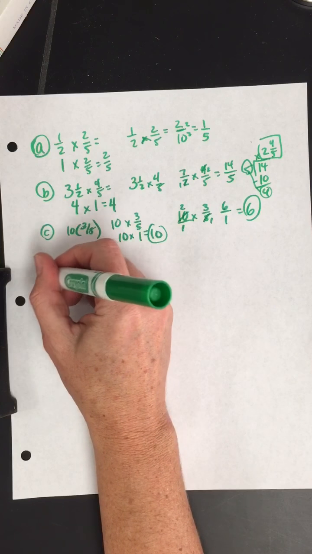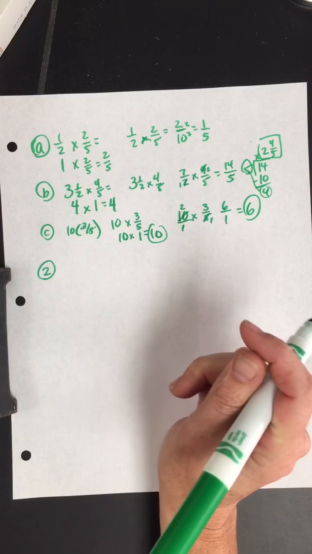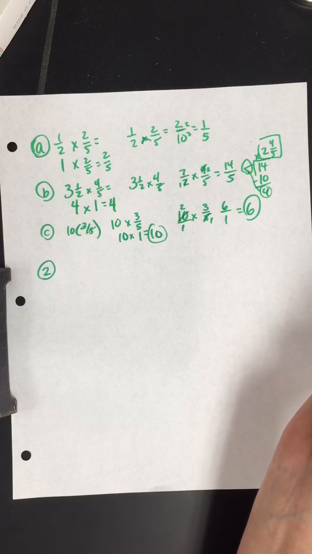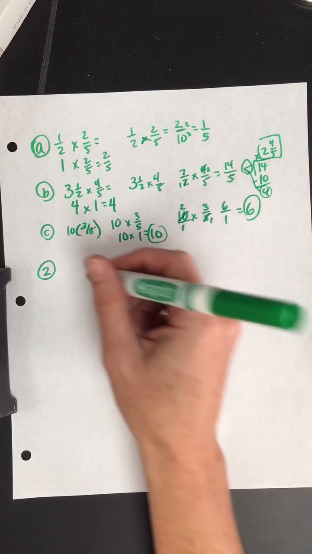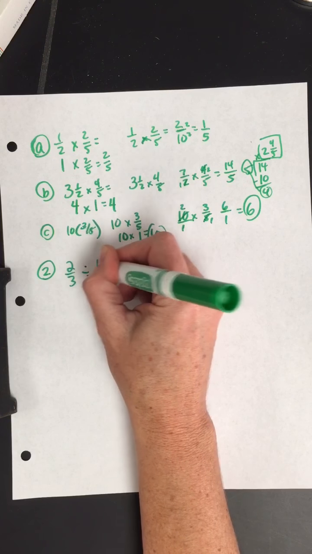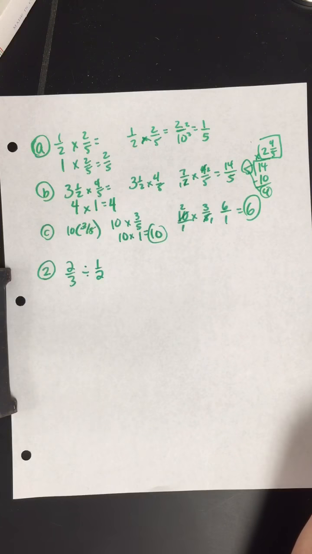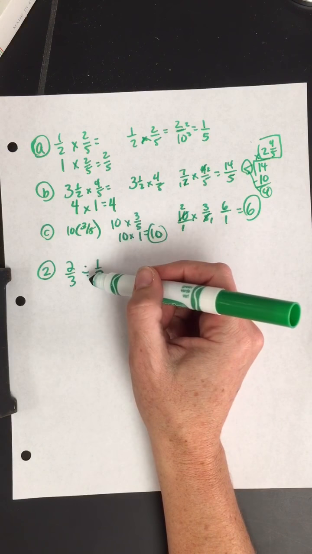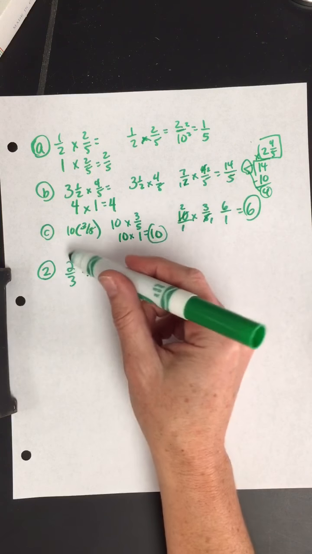Moving on to number 2. Estimate each quotient, then find each quotient, show your work. So we have 2/3 divided by 1/2. For this one, we're talking about division of fractions.